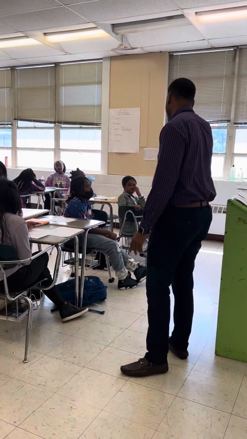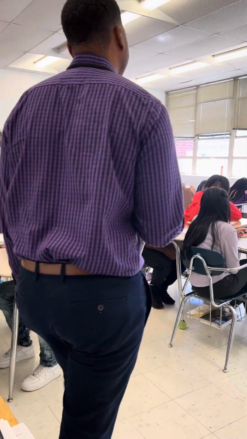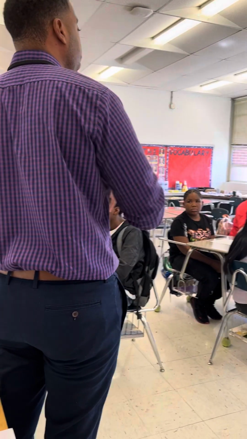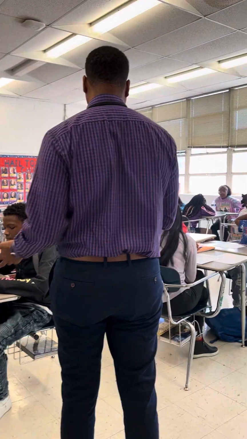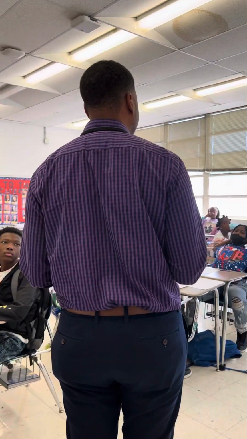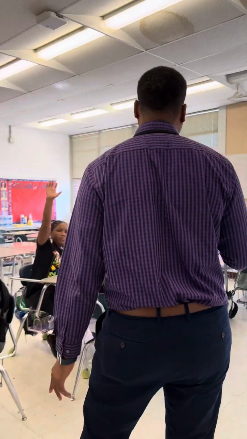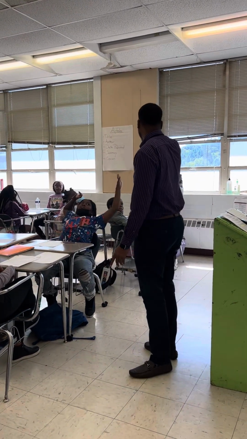Groups 1, 2, and 3, you're going to write in the first person perspective, meaning you're going to tell me how you would feel if you actually lived in a poor neighborhood. Someone quickly tell me what singular or plural pronouns you would use if you're writing from first person point of view? I. My.